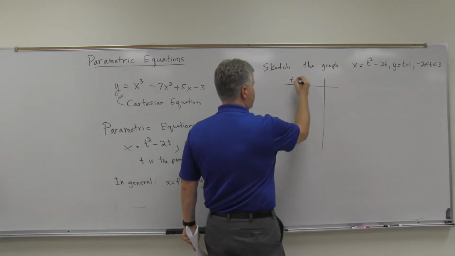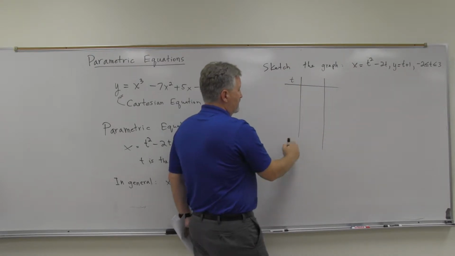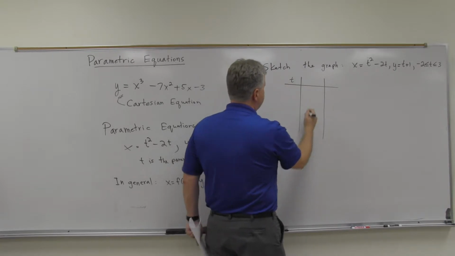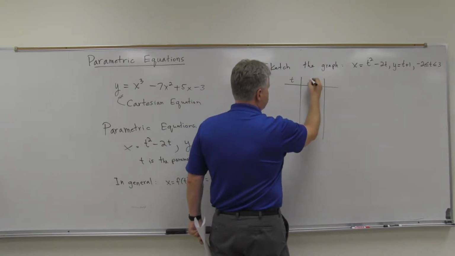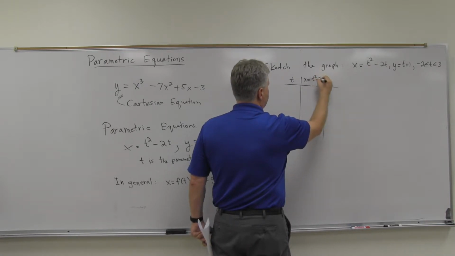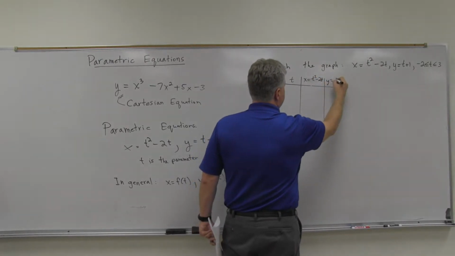First of all, the t, that's my parameter, and it's the one I choose the values for, if you will. And then the other parts of the table are the x value and the y value. x equals t squared minus 2t, and then y equals t plus 1.